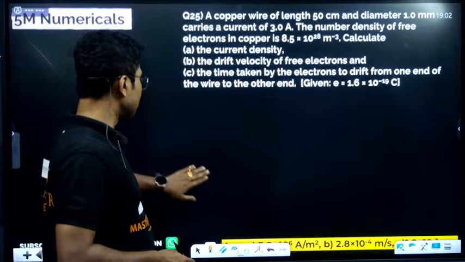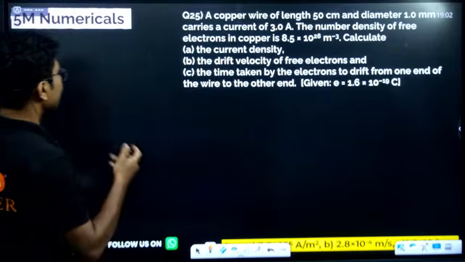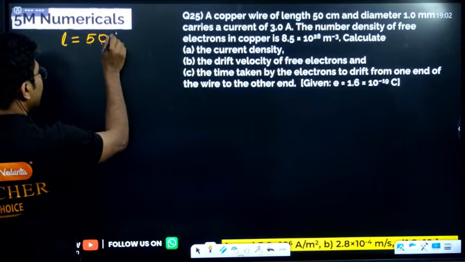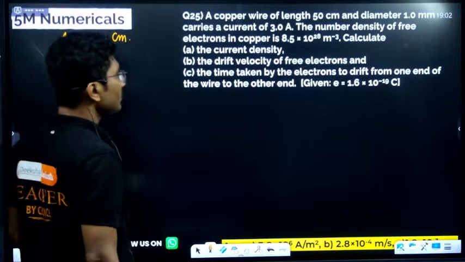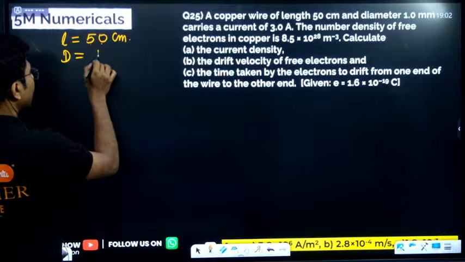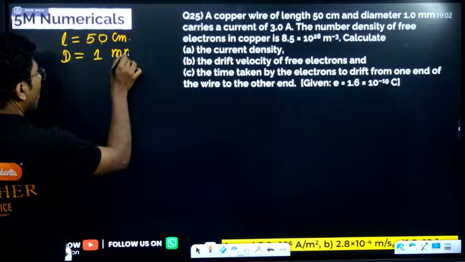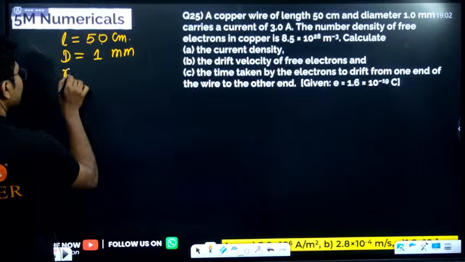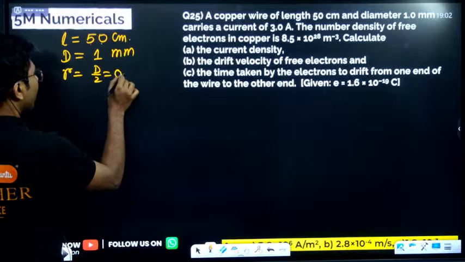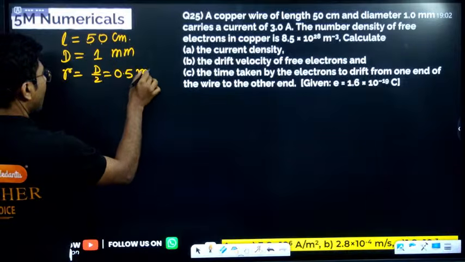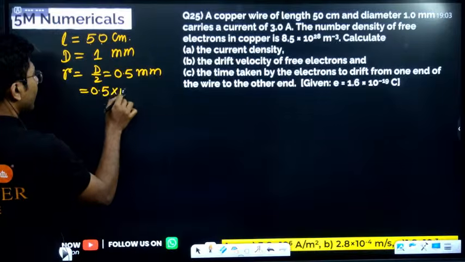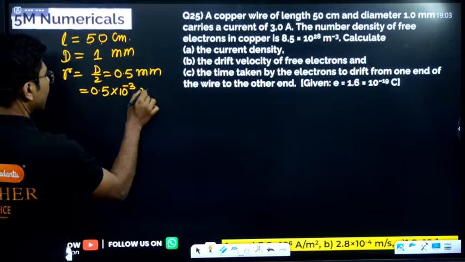First, obviously, let us write the given data. Length of the wire is 50 centimeter. Diameter of the wire is given as 1 millimeter. 1 millimeter diameter means radius is half of the diameter, that is 0.5 millimeter, and 0.5 millimeter means 0.5 into 10 to the power minus 3 meters.